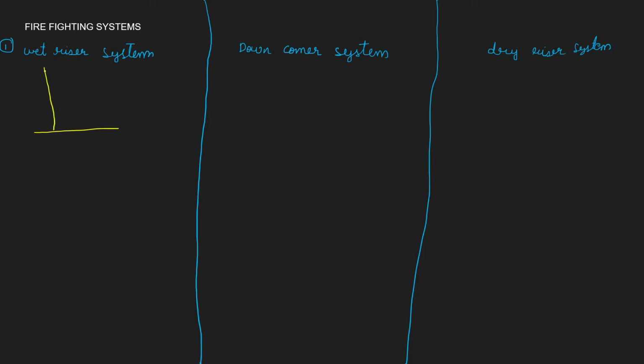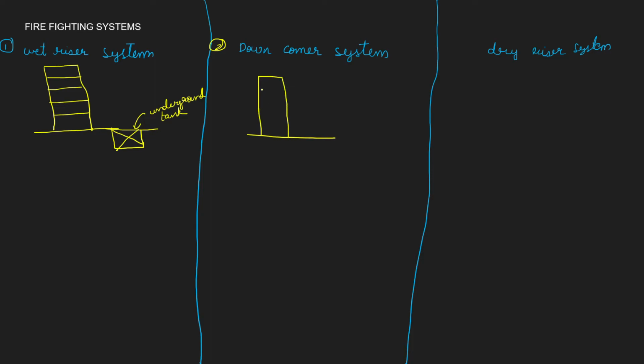This is a building with multiple floors. In wet riser, usually you have the tank underground. In downcomer, this is a building with multiple floors. You have the tank overhead.